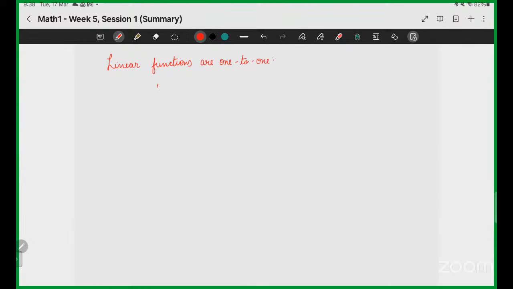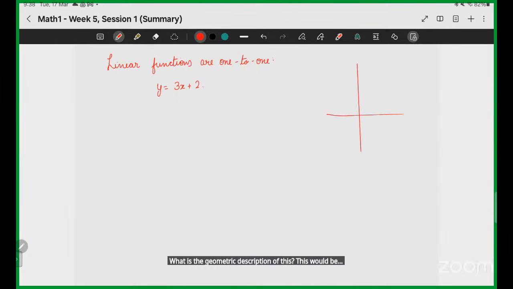Now let's say y is equal to ax plus b, or let's take some 3x plus 2. What is the geometric description of this? This would be a function with y-intercept equal to 2 and slope is 3.